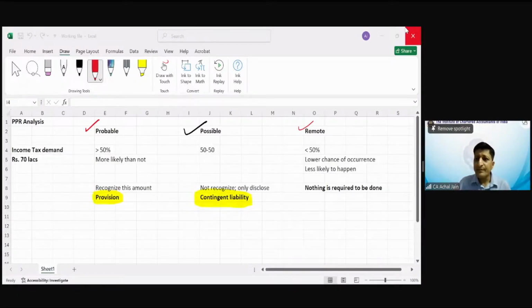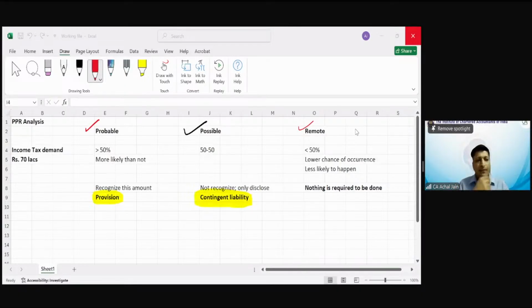Fine. So sir, whatever the amount is, the probable, possible and remote conditions will be followed? What do you mean by condition? Sir, like probable is more than 50%, and possible is less than 50%. Probable means more than 50%. Okay.